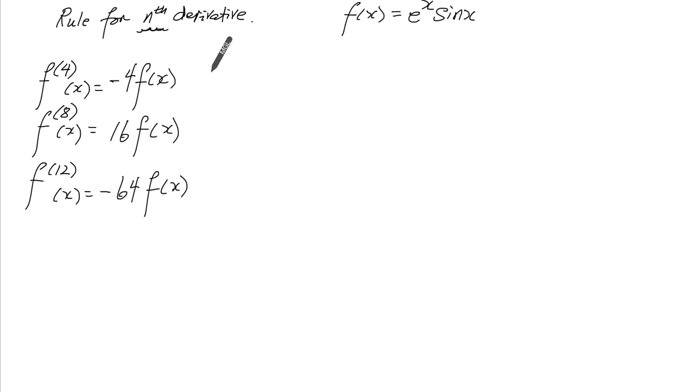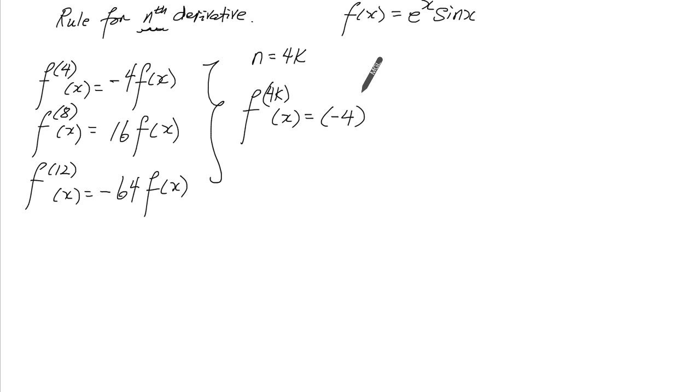So what this tells me is when n is a multiple of 4, say 4 times k, then in general, the nth derivative, or the 4k derivative of f of x, will be equal to negative 4 to the power of k times e to the x sine x.